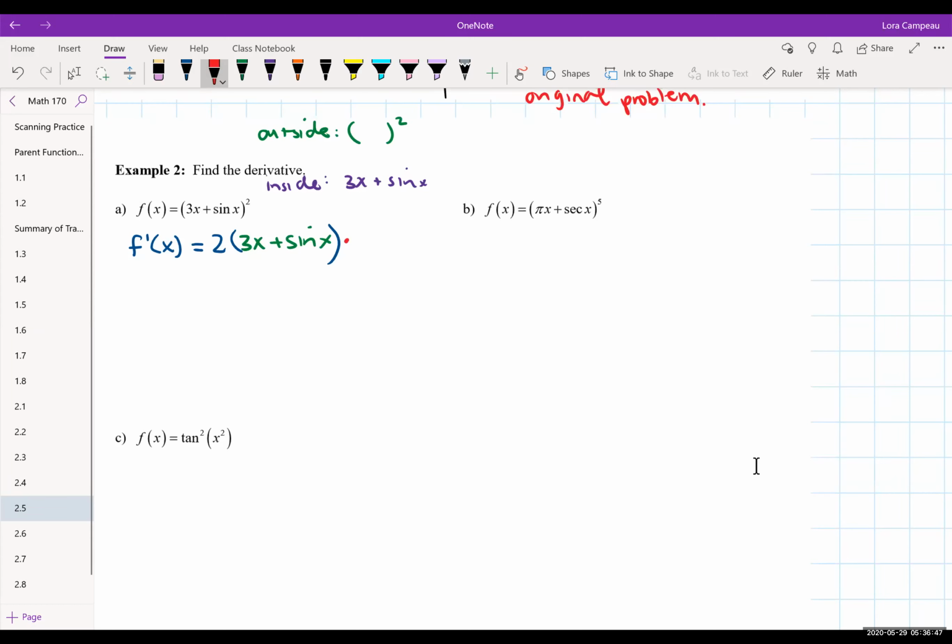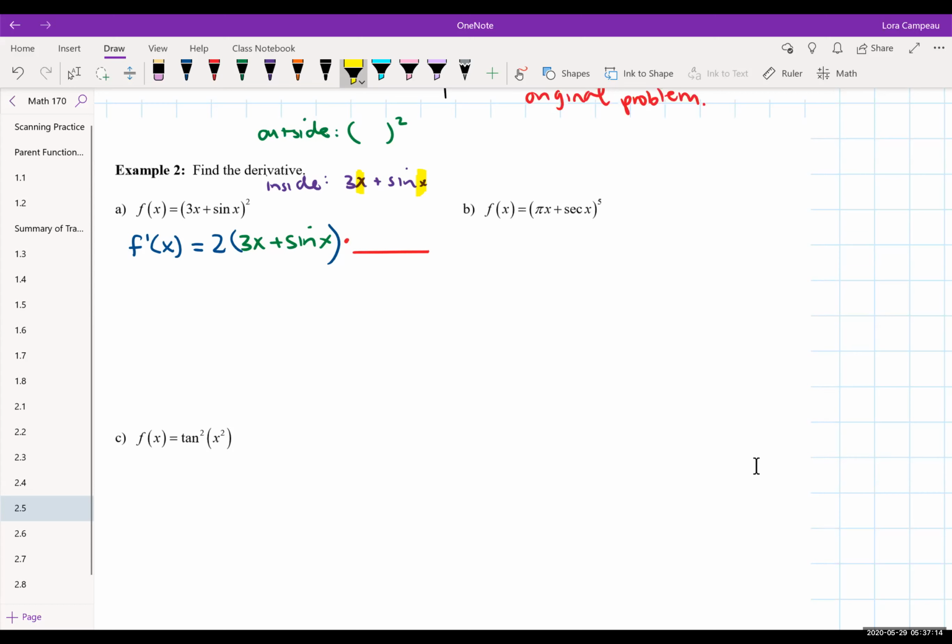So now we're trying to say, what is the derivative of the inside? And if you notice, the inside function is 2 terms, 3x plus sine x. In each case with these 2 terms, we just have single x's going on. This type of problem, the derivative of the inside, would come from maybe section 2.4.